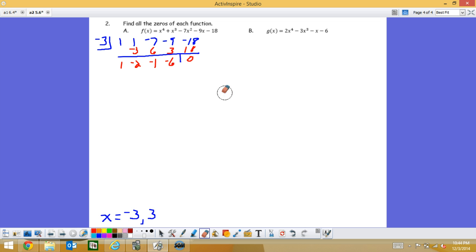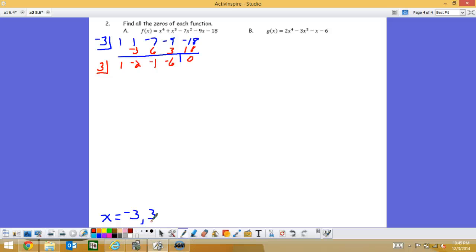Good. So that means that x plus 3 is a factor. Now what we've done is just knocked it down to a cubic. Constant, linear, quadratic, cubic. So then we're going to perform synthetic division with the other zero, 3, because then x minus 3 would be a factor as well.